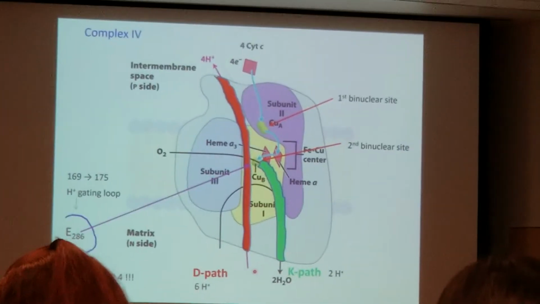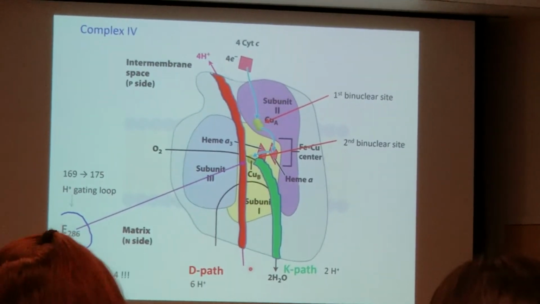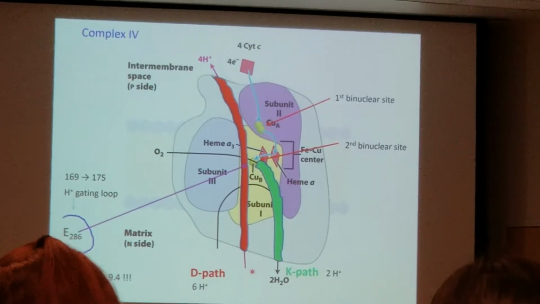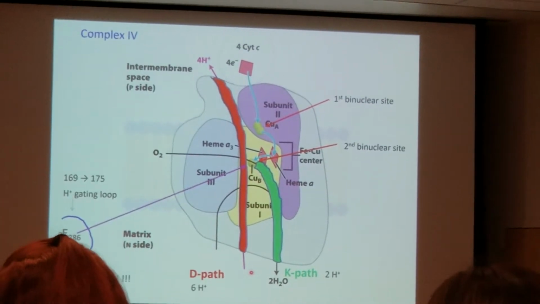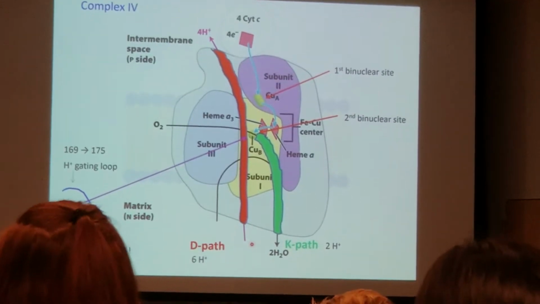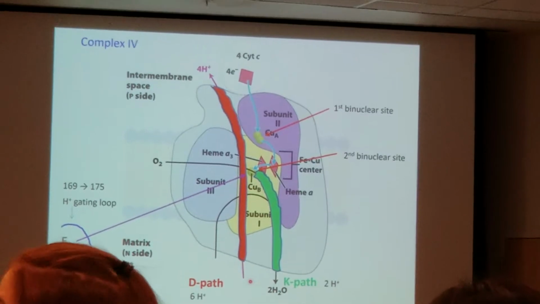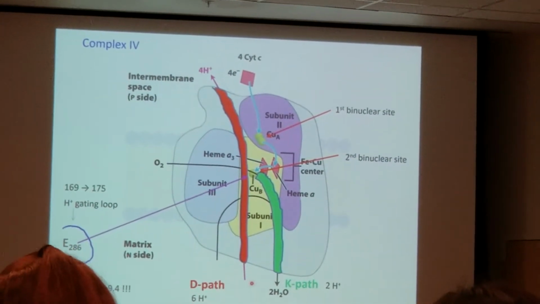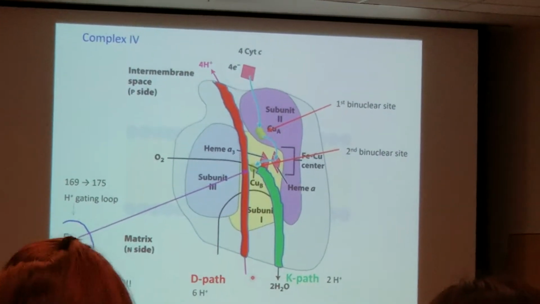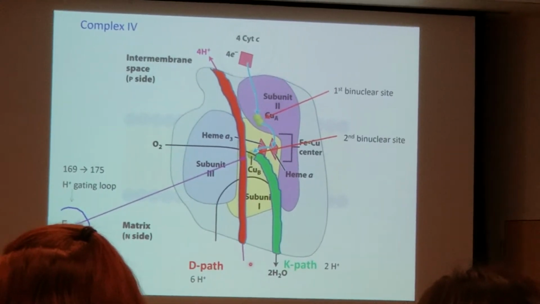So protons are constantly hopping through the red channel and the green one. Electrons are constantly coming down as cytochrome C's bind. Oxygens are constantly coming in. They're nonpolar. They don't have a problem going to the center of this nonpolar complex. And waters are constantly streaming out. Cool?